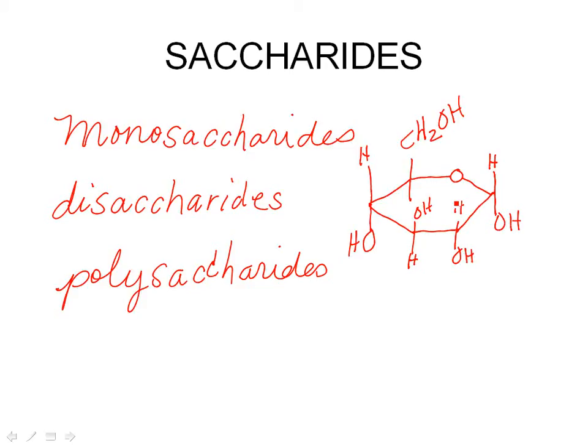Now, if we were to put numbers at each carbon, because remember we said the corners here represent the carbon, we would say that this is number 1, that's number 2, that's number 3, that's number 4, that would be number 5, and then this would be your 6th carbon way up there. That's your CH2OH group. But that's the building block for the saccharides for your purpose. All right, so let's move on to the next slide.